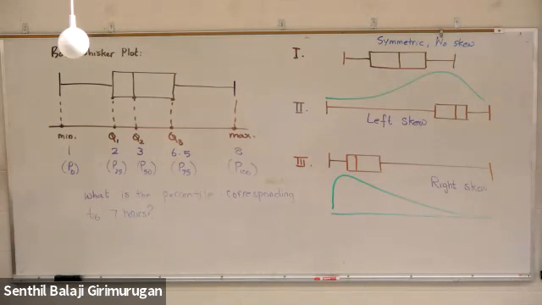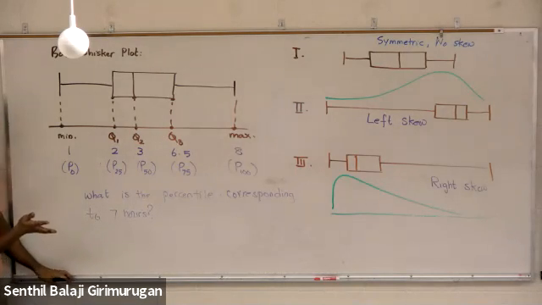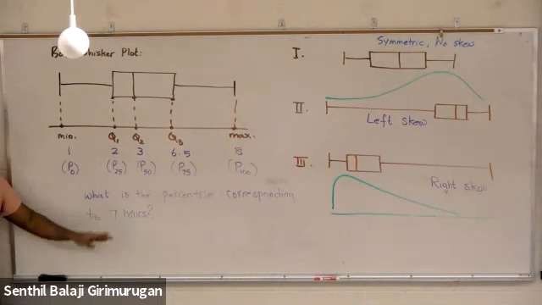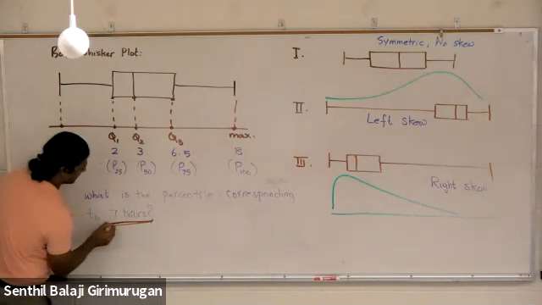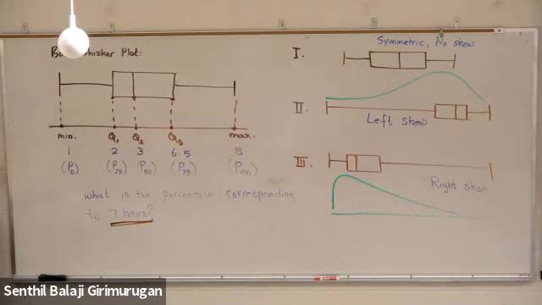So my question to you is, what is the percentile corresponding to 7 hours? I just want you to guess or agree with me or disagree with me as I throw a bunch of percentiles to you. So I want to know the percentile corresponding to 7 hours. My first answer is P10.